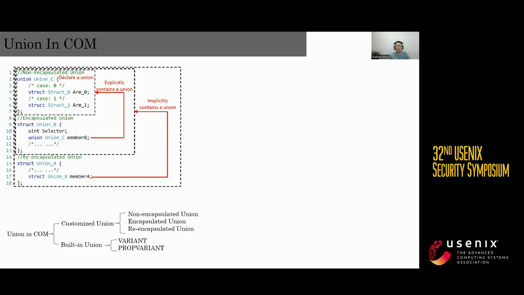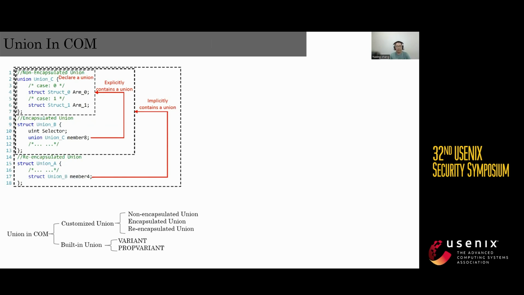Next, I'd like to take you through the different types of units found in COM. Broadly, these units can be classified into two main types, customized unit and built-in unit. We further characterize the customized unit into three subtypes. As depicted in the figure, we have the typical unit C, in C language in line 2, which we refer to as a non-encapsulated unit.